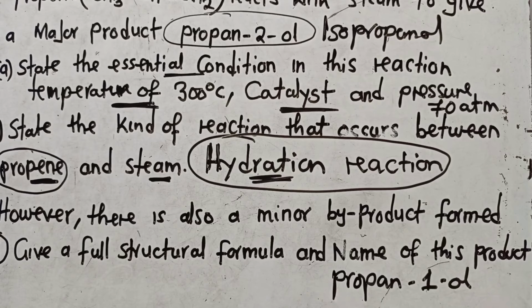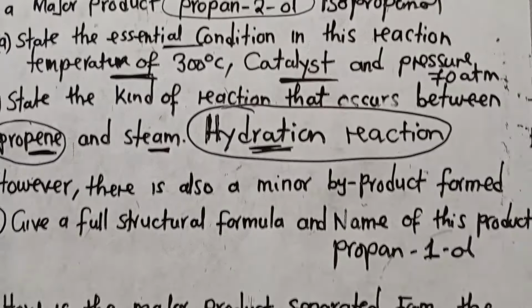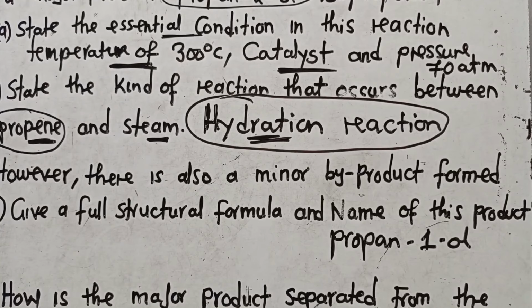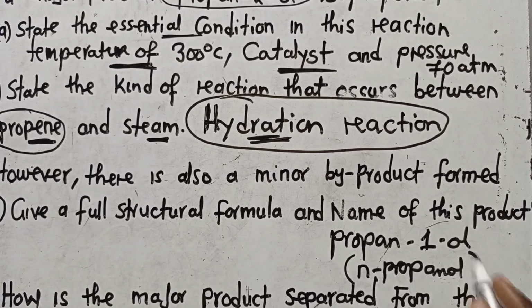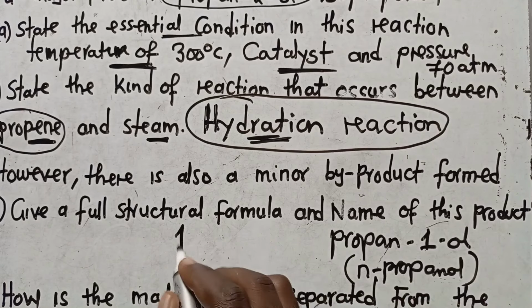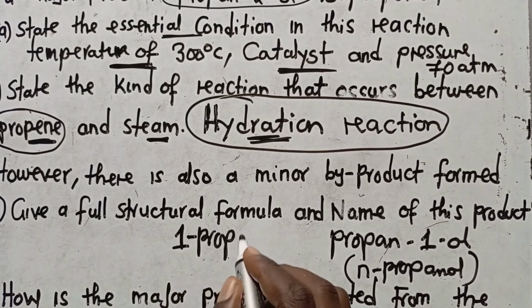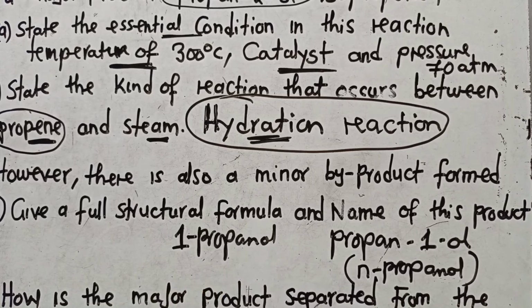But this one is the minor product formed. This is the reason we call it n-propanol. You can also put a one in the name, it is still the same. So don't be confused. You can write it this way or that way.